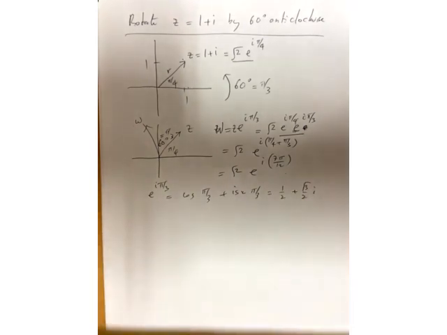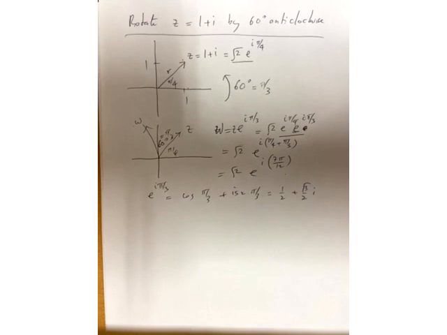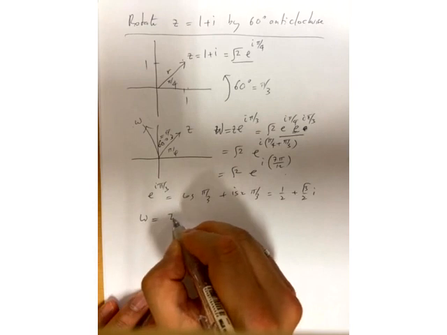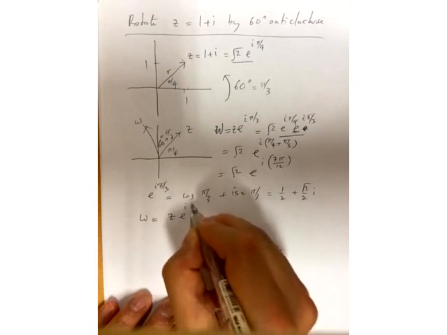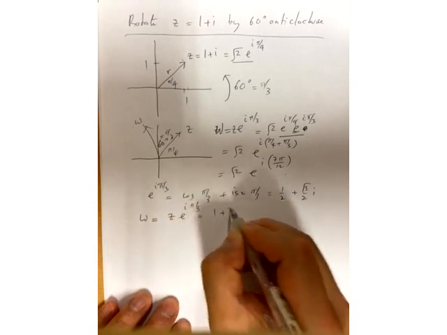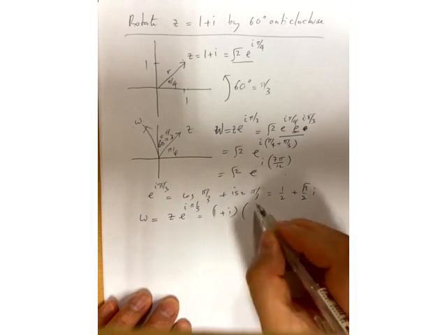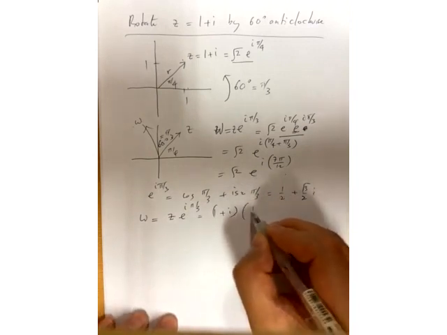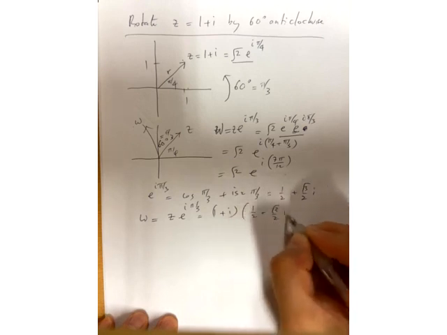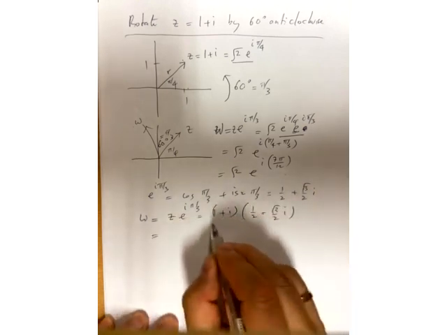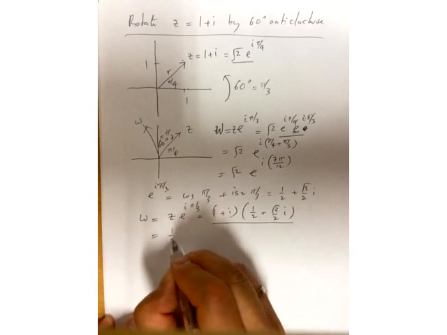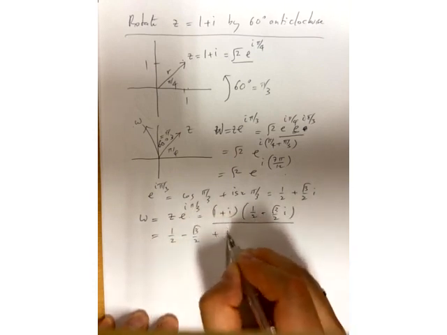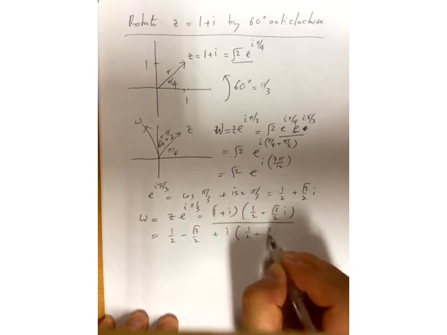So basically W then is Z times e to the i pi on 3, but Z was 1 plus i, and e to the i pi on 3 is just a half plus root 3 on 2 times i. When you expand this out in a hurry, you get a half minus root 3 on 2, plus i times a half plus root 3 on 2.